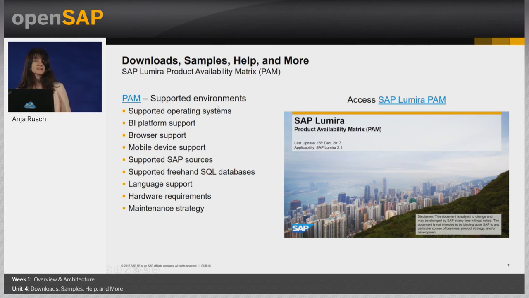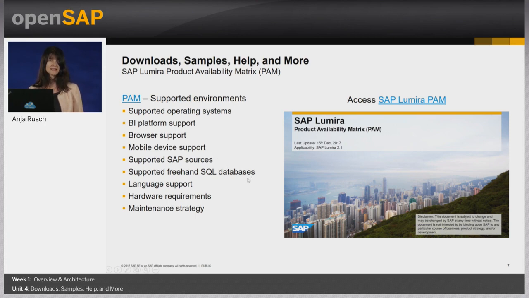Interesting for the supported environments is the SAP Lumira product availability metrics. Each product of SAP has this product availability metrics, so you find here the supported operating systems, the BI platform support, that's necessary because we publish our documents to the BI platform. You have the browser support, the mobile device support.